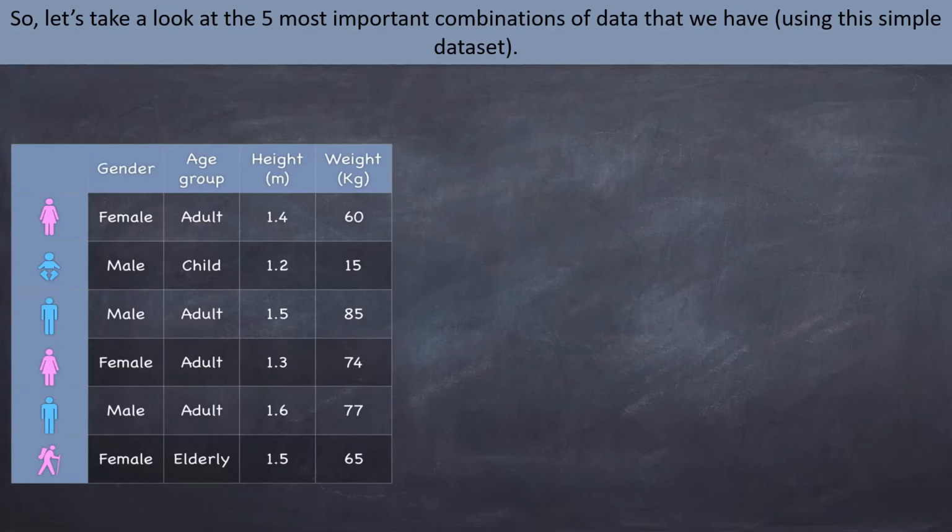So people, it's all about different combinations of data. What I want us to do is look at the 5 most important combinations of data that we have, and we're going to use this simple data set.